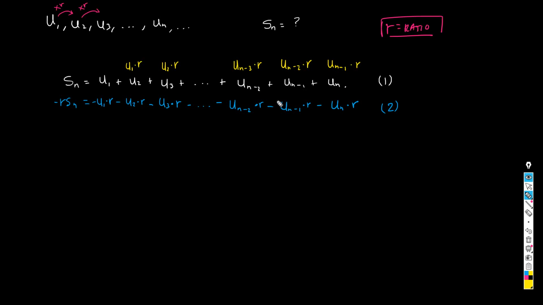You can pause the video some seconds and understand what I just did. All of these yellow terms, this is exactly equal to this, and so on for the rest. Okay, so I'm gonna erase the white terms and I'm gonna replace them by their yellow counterparts, which are exactly the same. I repeat, they are exactly the same.